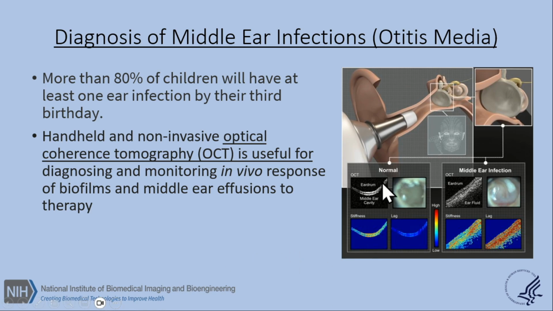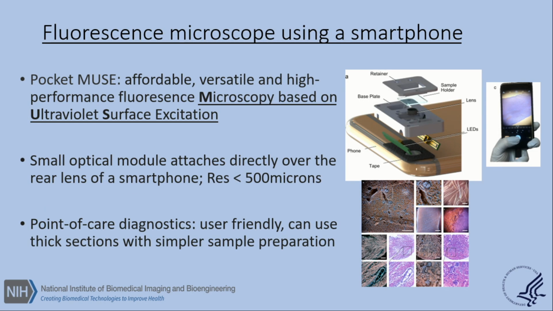This is a normal eardrum, very thin, flexible, and this is abnormal, very thick, and not too flexible. So you can tell in kids very quickly if they have otitis media or not, as opposed to other means which are more cumbersome.